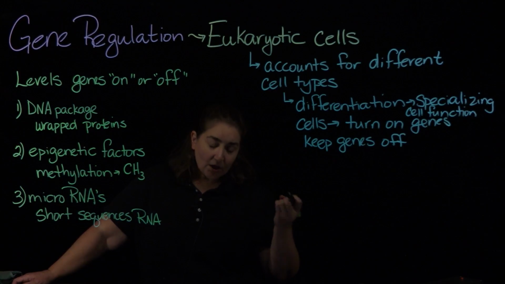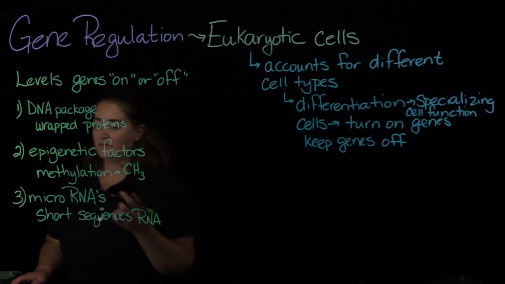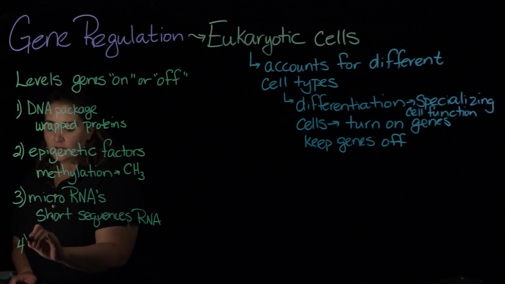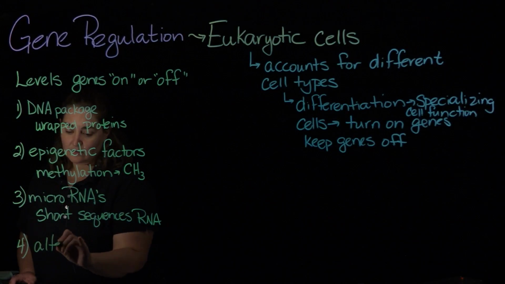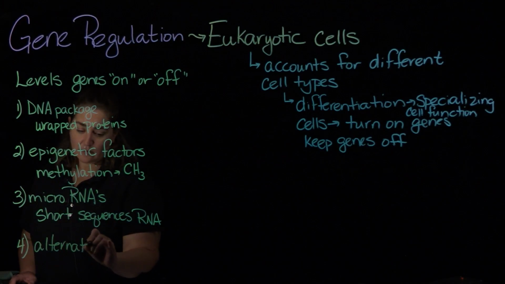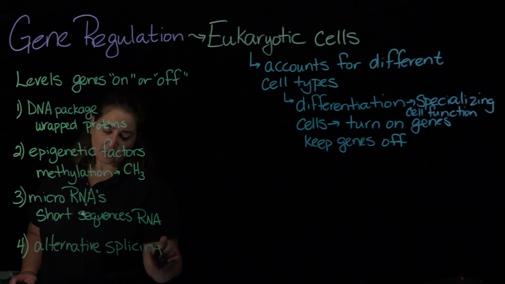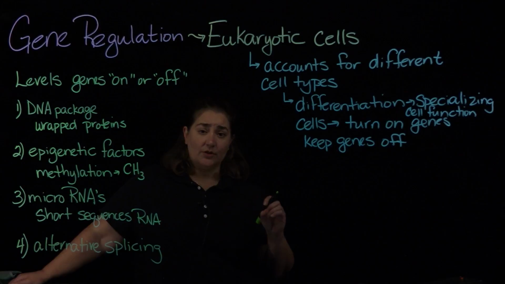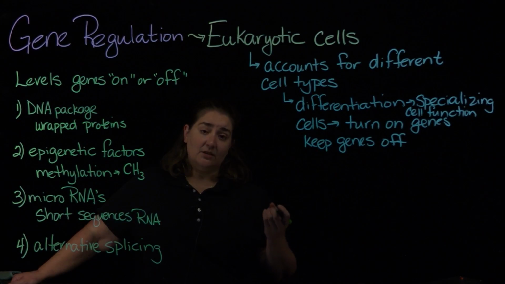Okay? So microRNAs is another way that we can regulate genes. All right? You're also going to have, as far as gene regulation goes, and I talked about this also a little bit during the transcription video, the process of alternative splicing. So making different RNAs that have different functions. That's also a way of regulating how genes are expressed.